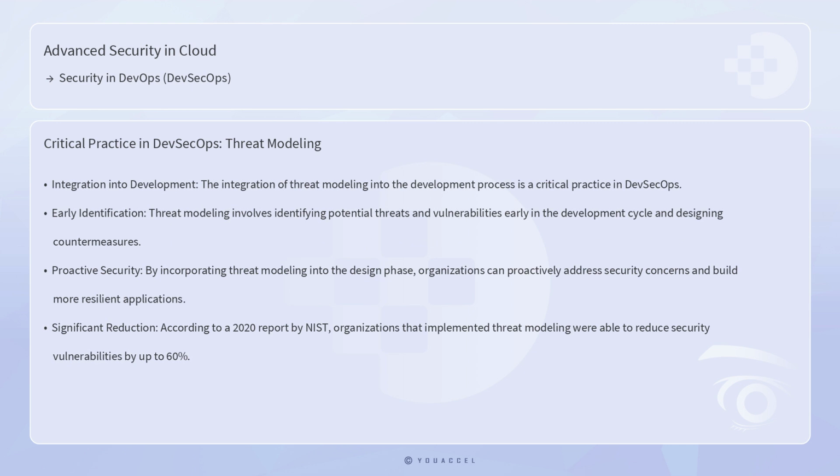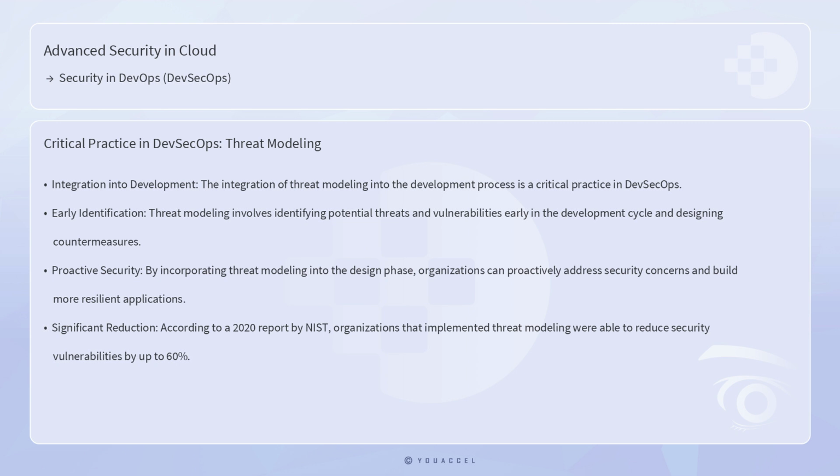Furthermore, the integration of threat modeling into the development process is a critical practice in DevSecOps. Threat modeling involves identifying potential threats and vulnerabilities early in the development cycle and designing countermeasures to mitigate these risks. By incorporating threat modeling into the design phase, organizations can proactively address security concerns and build more resilient applications.